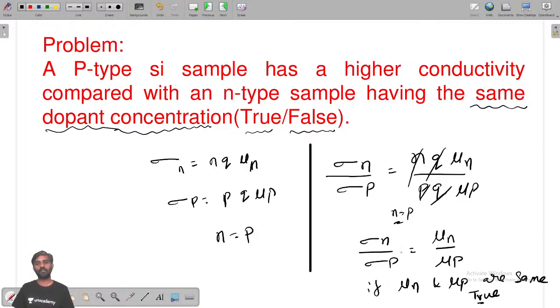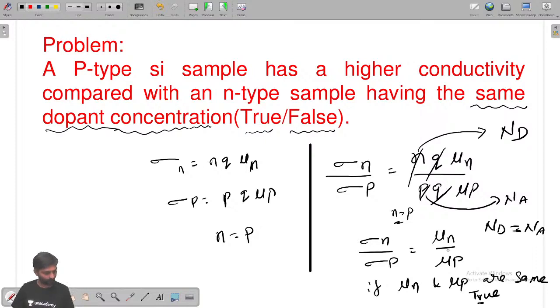We can call n and p Nd and Na. He is saying Nd is equal to Na.